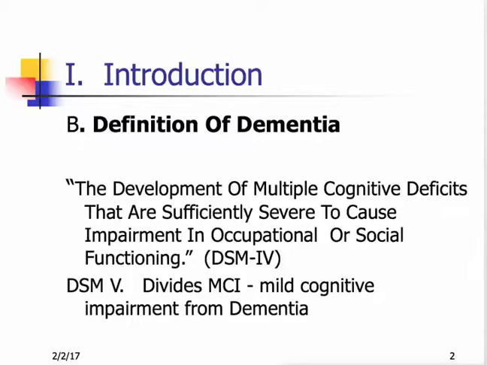So we'll go a little bit more in depth into that, looking at the different stages. I want to also talk about mild cognitive impairment, or MCI, and we'll be going a little bit more in depth into that later. So that is a subtler form of dementia. It's one that can precede more severe forms.